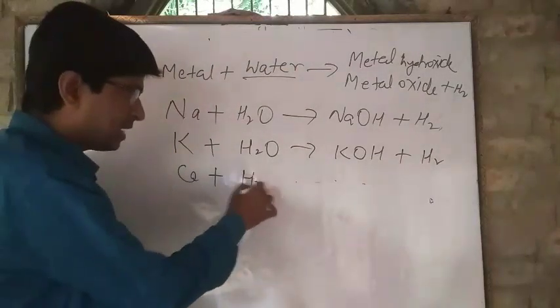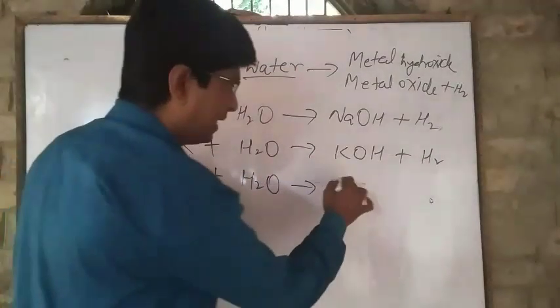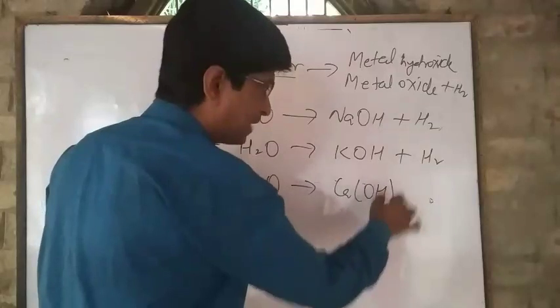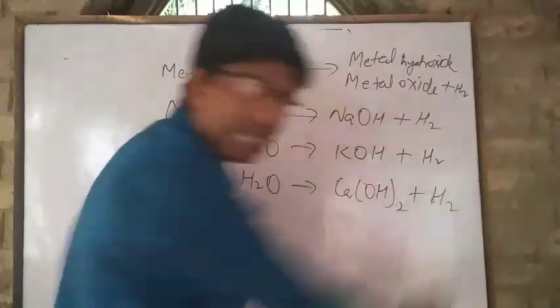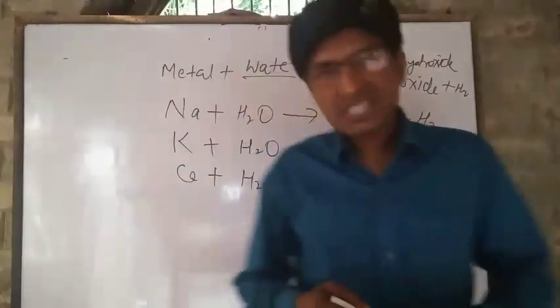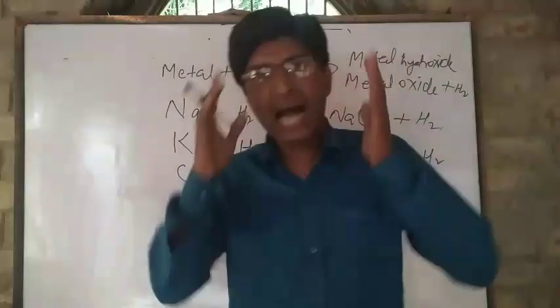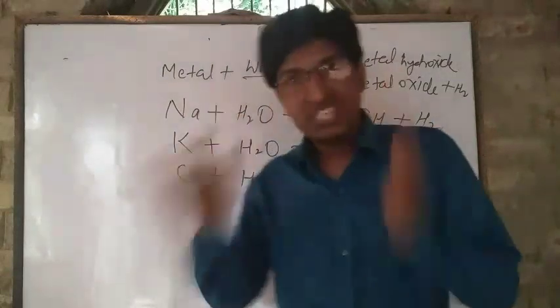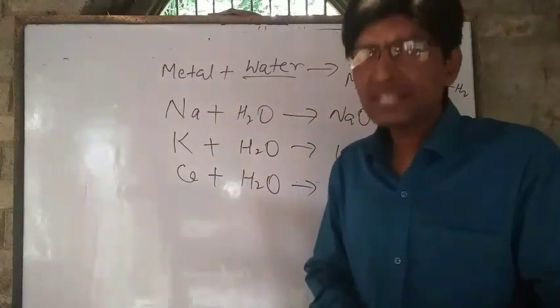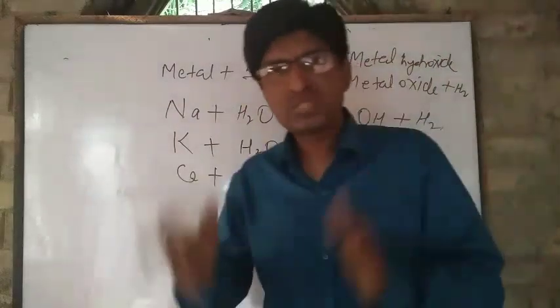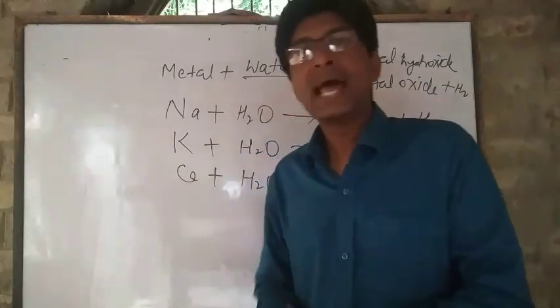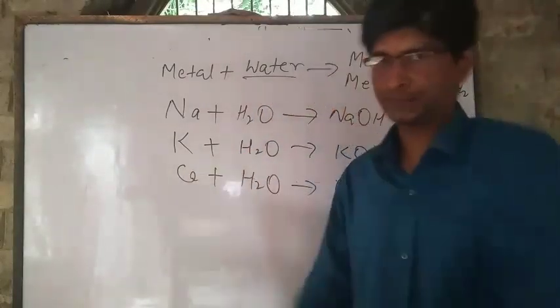When calcium reacts with cold water, it produces calcium hydroxide and hydrogen gas is released. So you must remember this: when these highly reactive metals react with water, they produce their hydroxides and hydrogen gas is released.